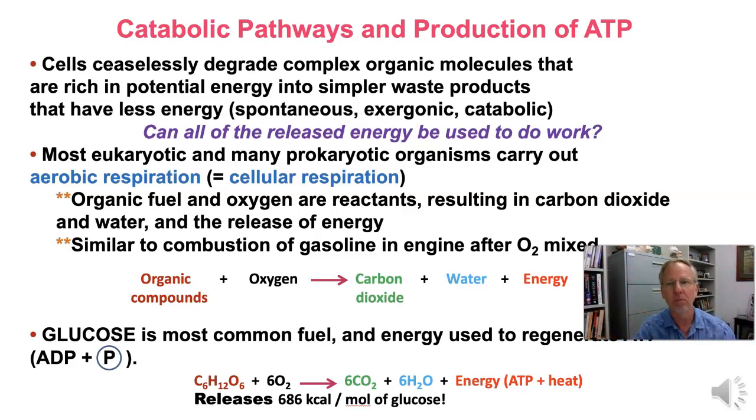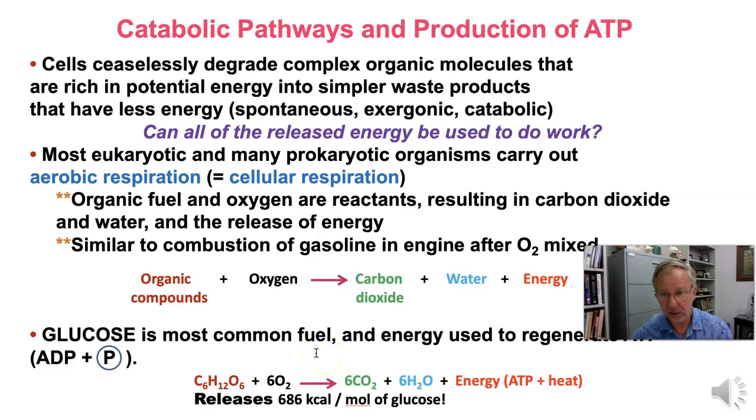So, second bullet, most eukaryotic and many prokaryotic organisms carry out what's called aerobic respiration, the equivalent of cellular respiration, where organic fuel, like sugar, food, and oxygen are the reactants.